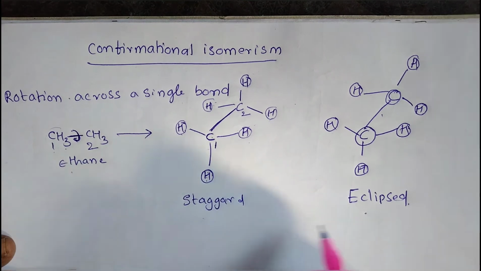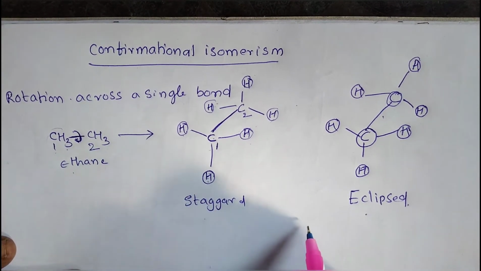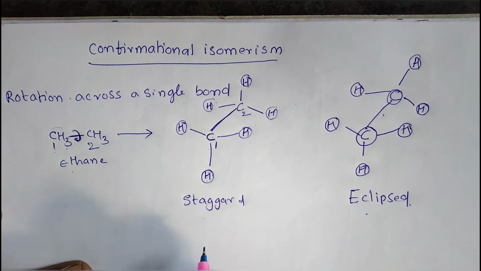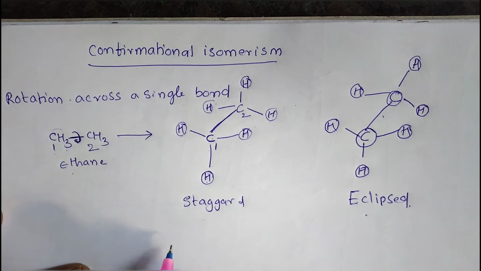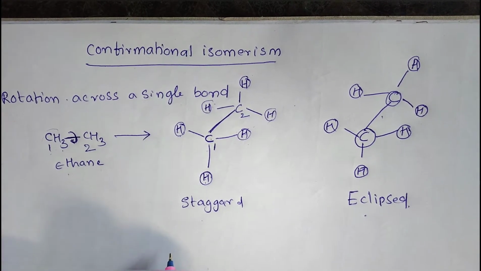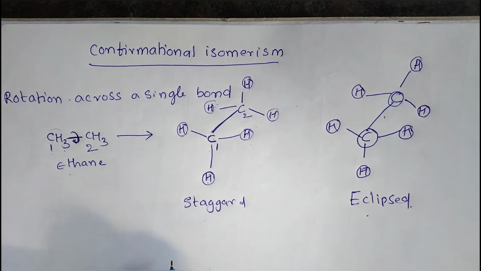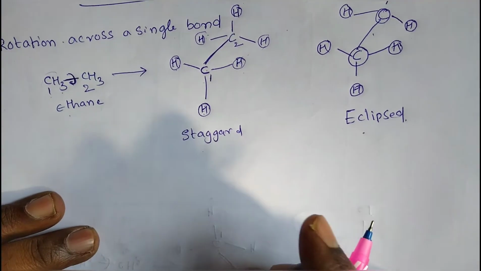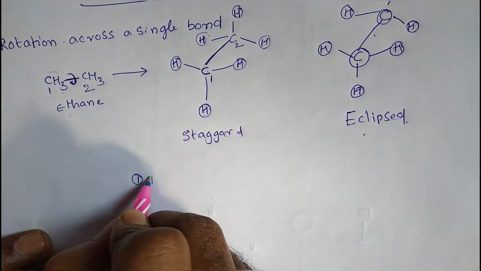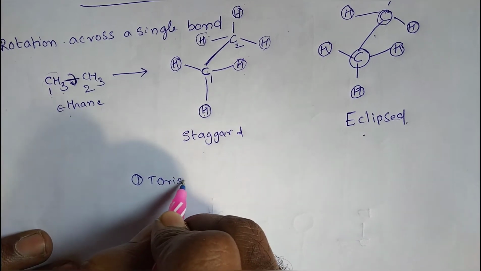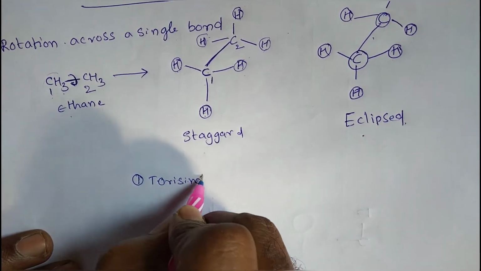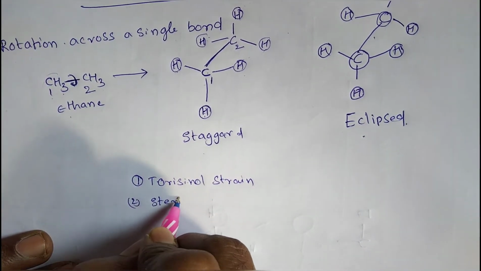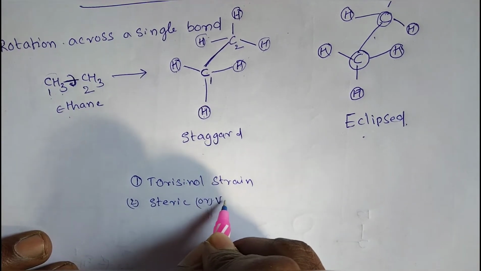In these two conformers, which has more stability, and why? Regarding stability, we have two different terms. One is torsional strain, and the second one is steric hindrance, steric or van der Waals repulsion.